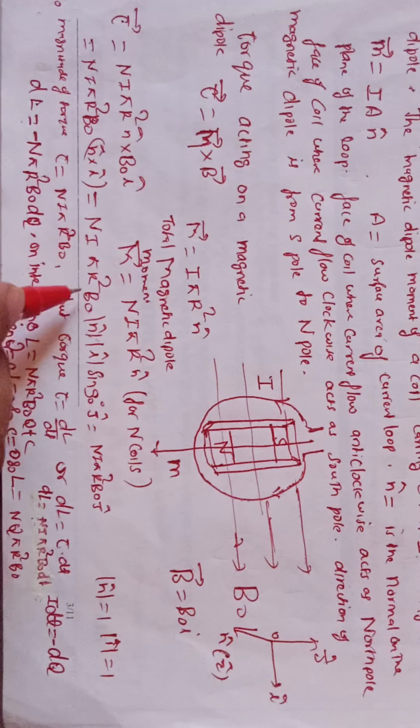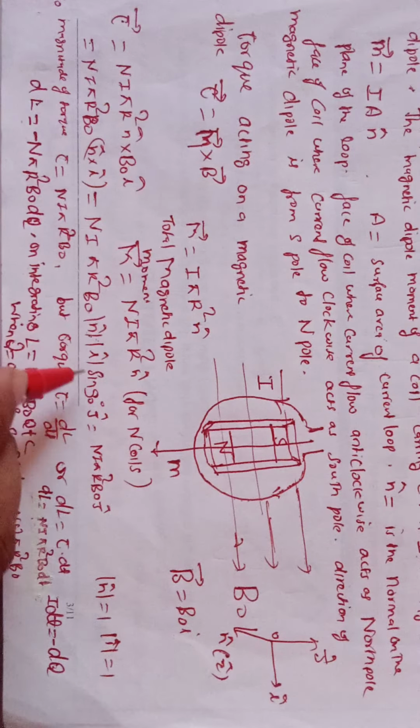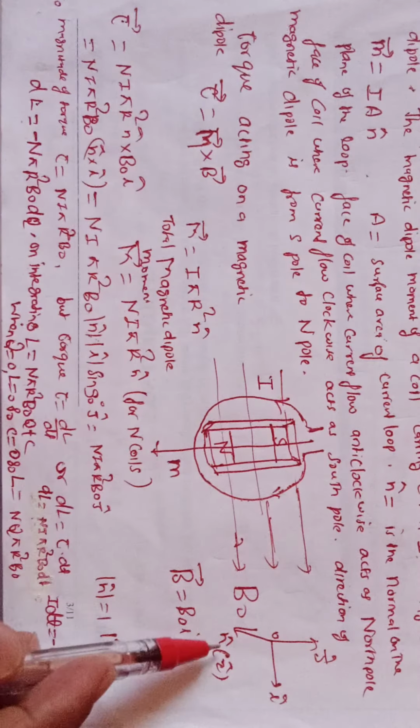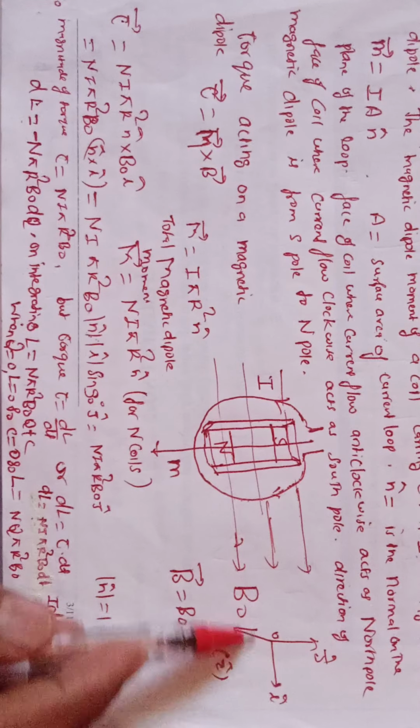So N I pi r square B naught, mod of n cap, mod of i, sin 90 degrees, because the angle between n cap and i cap is 90 degrees.